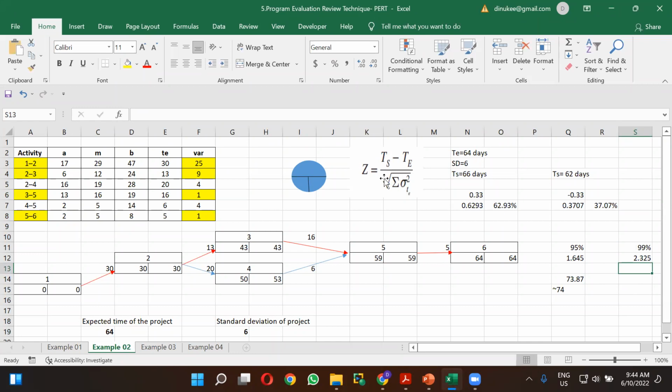So 2.325, you have to multiply it by the 6, and the expected time of the project is 64. So for the 2.325, you have to multiply it by the standard deviation of the project. As we are dividing here, you have to multiply that for the Z value, 6 multiplied, and you have to add this expected value of the project, 64.